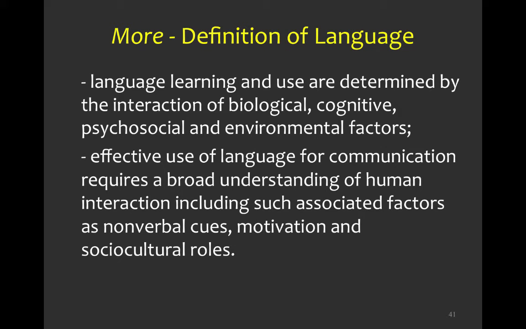Language learning and use are determined by the interaction of biological, cognitive, psychosocial, and environmental factors. An effective use of language for communication requires a broad understanding of human interaction, including such associated factors as nonverbal or non-linguistic cues, motivation, and socio-cultural roles.